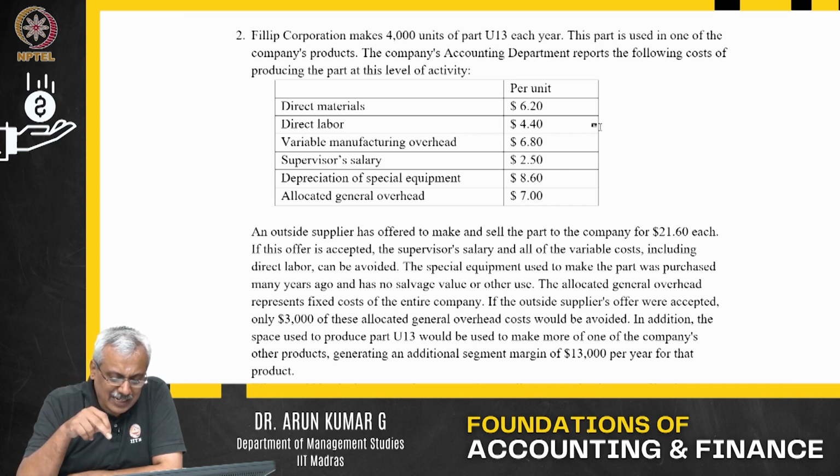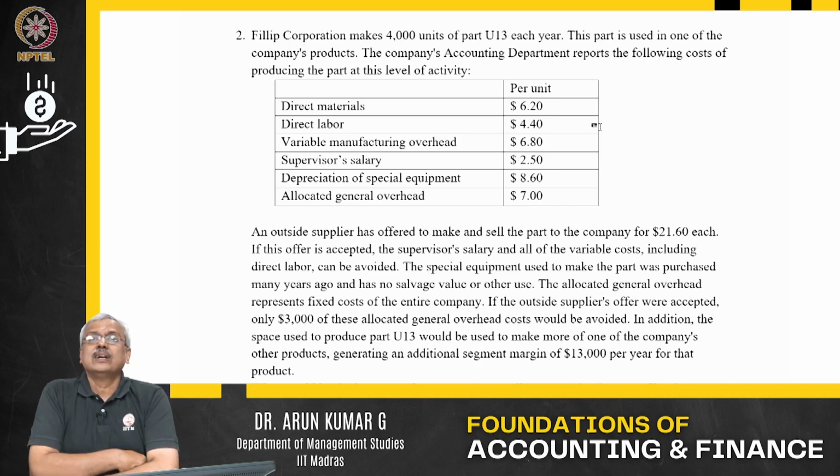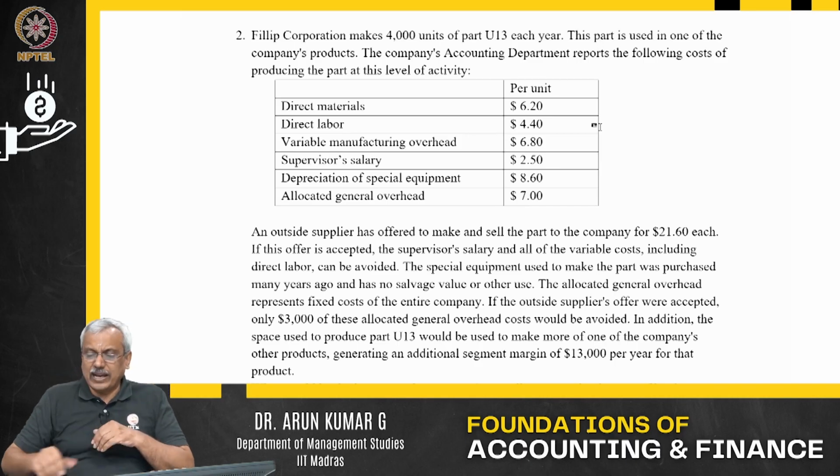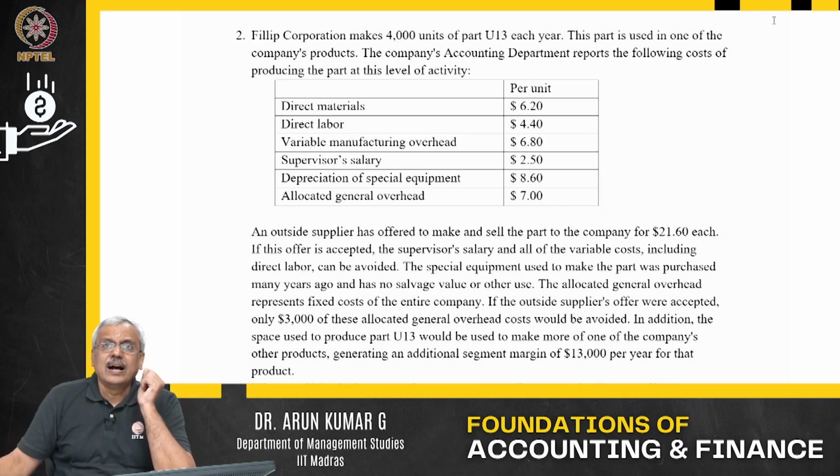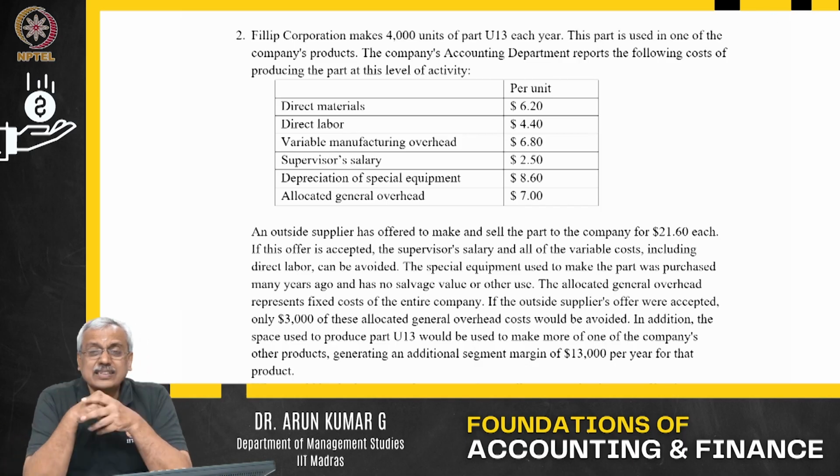Now, the special equipment used to make the part was purchased many years ago and has no salvage value or other use. That means I have purchased a machinery, and this machinery has no use, I cannot dispose of it, it has no salvage value. So what is happening?